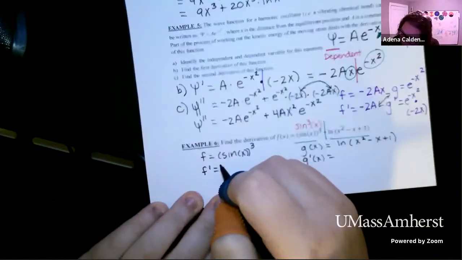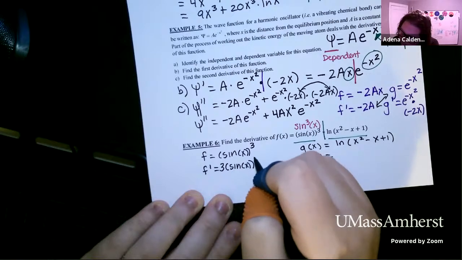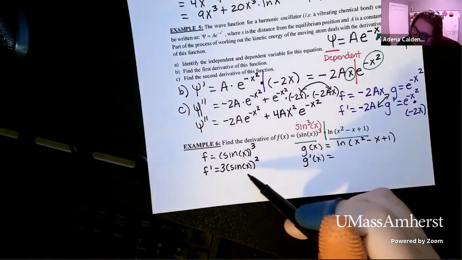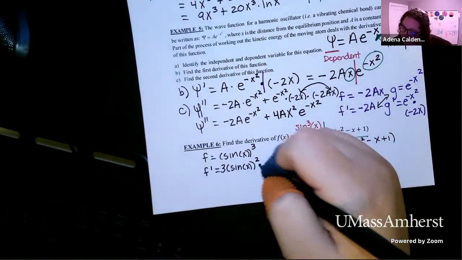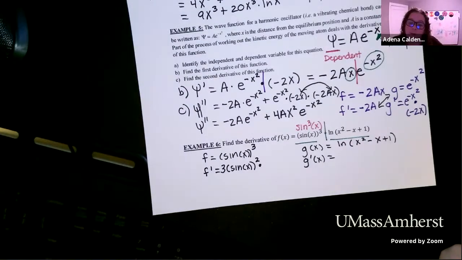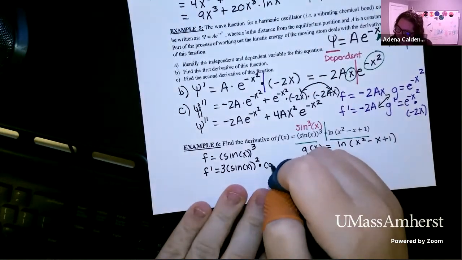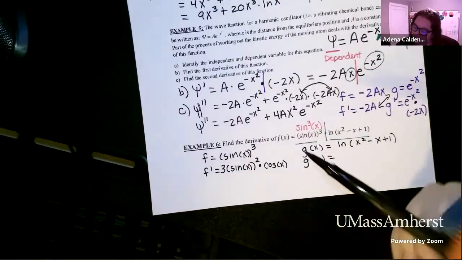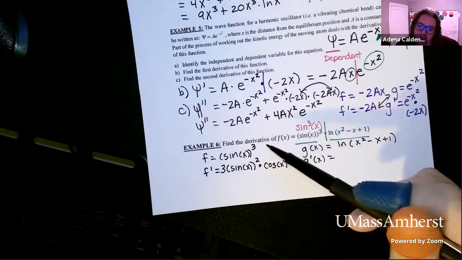The 3 will come down, everything inside will stay the same, and I subtract 1 from the power. So I have 3 times sine x squared, but I have to remember to multiply that by the derivative of the inside. The inside here is that sine of x function. The derivative of sine is cosine. So that is using the chain rule, the power function form.